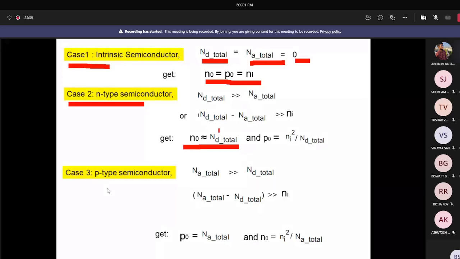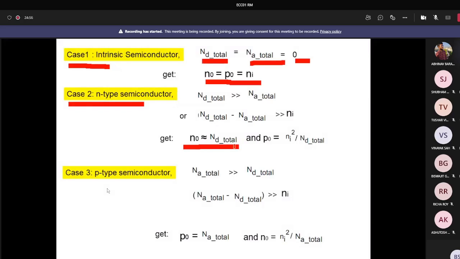If I need this n-type semiconductor at 10 to the power 16 order concentration, then we have to dope the donor total at 10 to the 16 order.